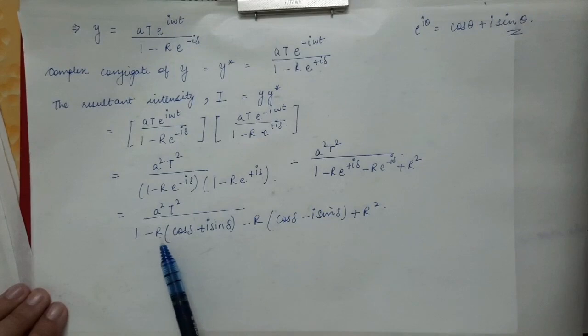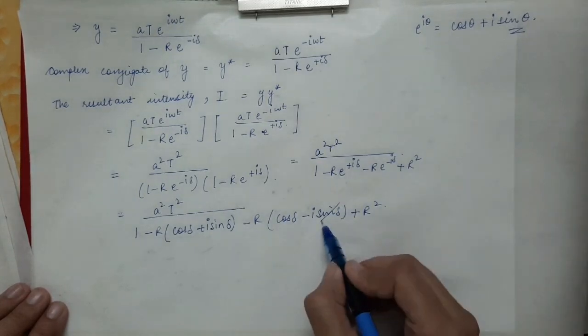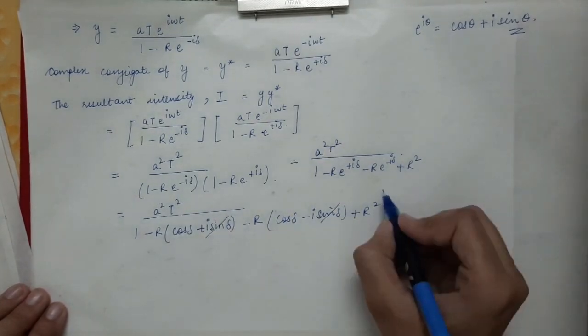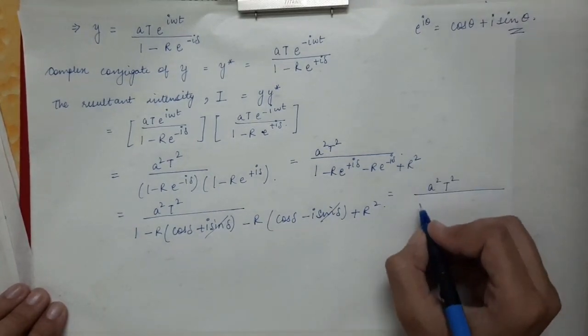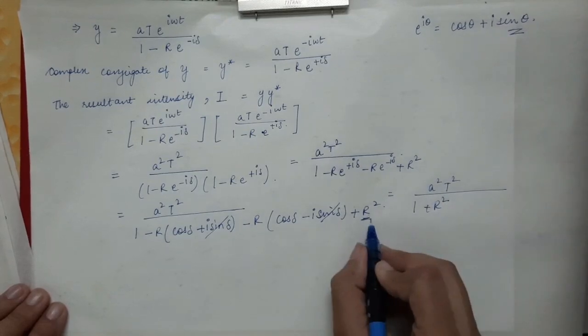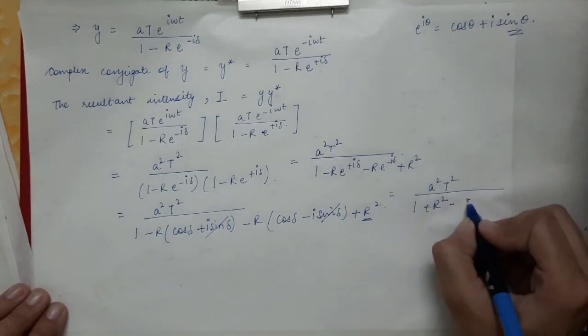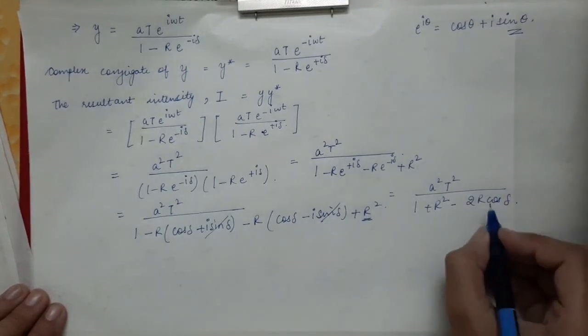When you open the bracket, you get minus i r sin δ and plus i r sin δ. These terms cancel, and you are left with a squared t squared over 1 plus r squared minus 2r cos δ.